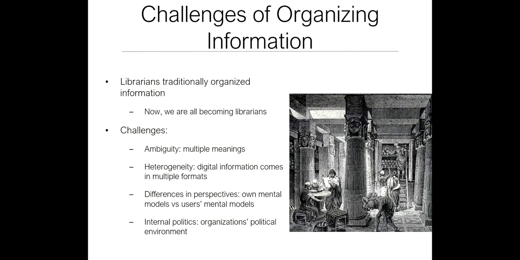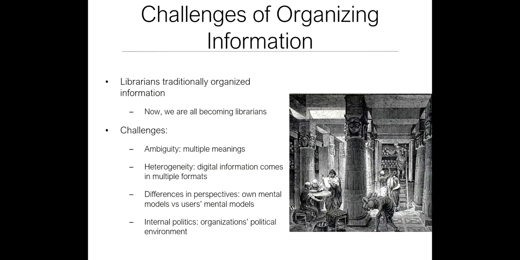There's also the idea of internal politics and how organizations run things, and again, they provide their own perspective on organizing information, which may not always match user expectations. Oh, actually, I do want to talk about one other thing.